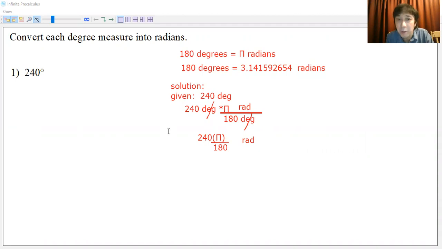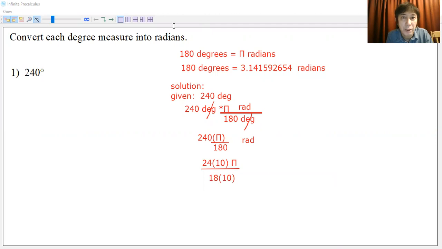So we can get the factors and then make the numbers smaller. We can have it like 24 times 10, and then the pi, and this will be divided by 18 times 10, the factors of 180.